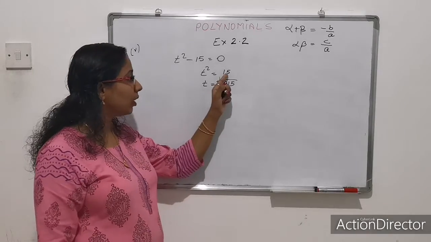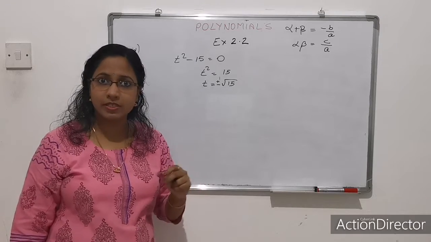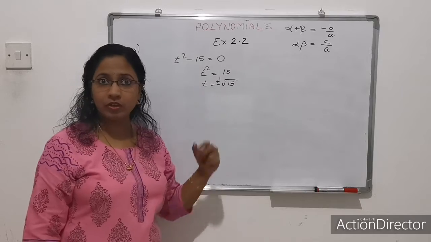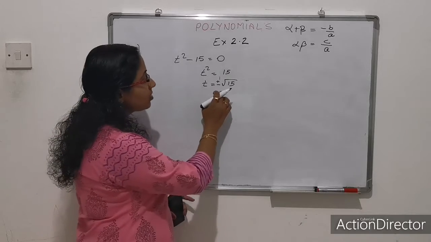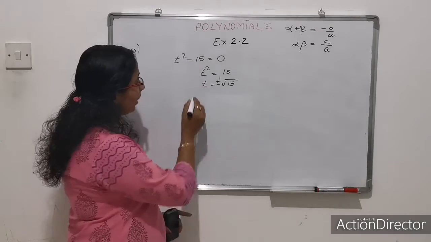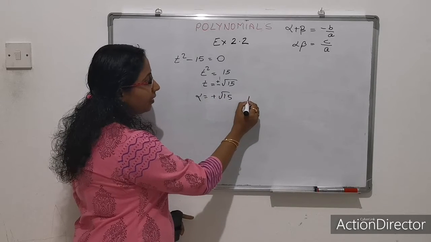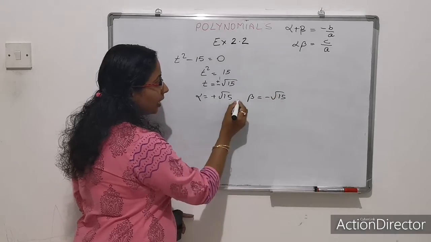Okay, since it is square, the square of a positive number and a negative number is the same, right? So plus and minus you have to write for root. Okay, clear? So the roots alpha and beta, alpha will become plus root 15 and beta will become minus root 15.